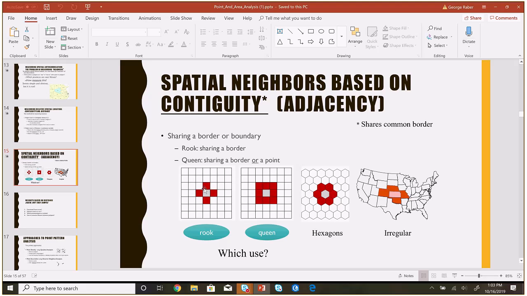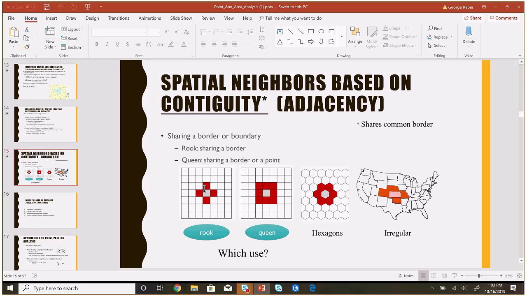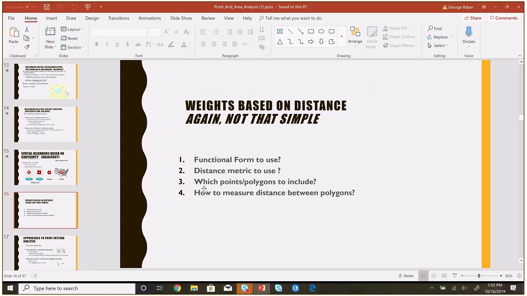If you have hexagons, you're not going to have any points, like we did with the tornadoes. But lots of times, you're just dealing with irregular data. Okay, so deciding how you're going to determine what a neighbor is, sometimes it's just an experimental process, but sometimes you really need to think about the pattern that exists and the data that you're using.